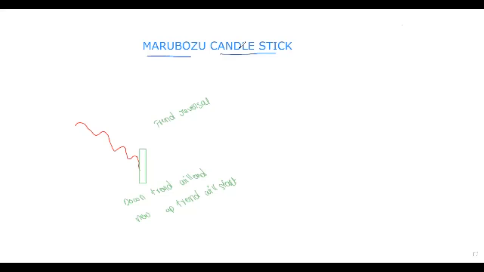If the trend is upside, and in between that you observe a bullish Marubozu, what does it mean? The trend is an uptrend, and if you observe a bullish Marubozu in between, it indicates trend continuation.